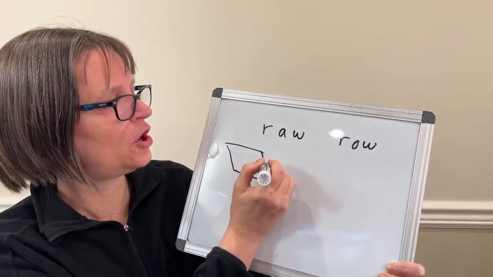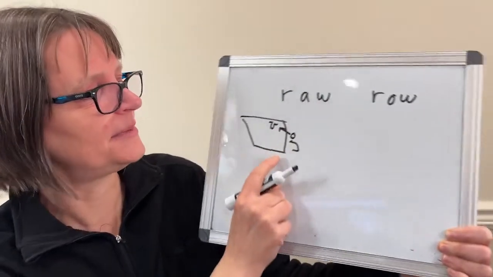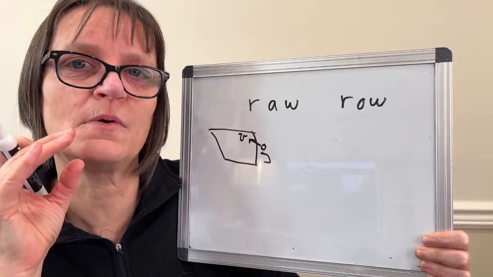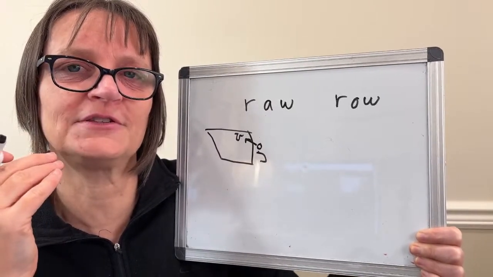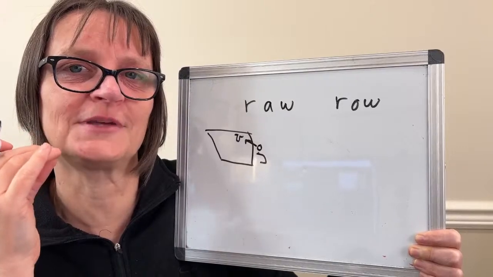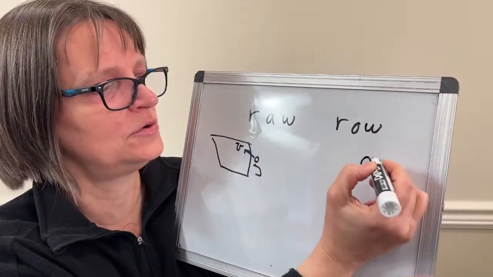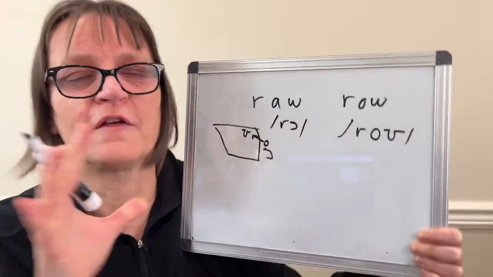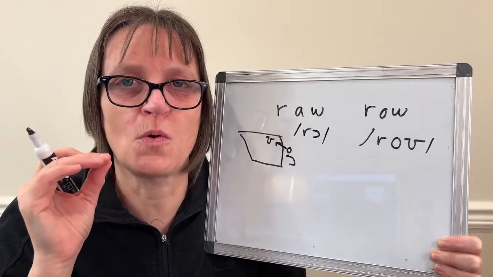And then for o, it's a diphthong. So I'm sliding, sorry, I made this a little small. I'm sliding, I start very rounded, o, and then I relax a little bit the rounding, and I raise the tongue and close the jaw as I'm saying o. So when we say row with the o diphthong, we want to feel that sliding, start a little more closed and a little more rounded, row.